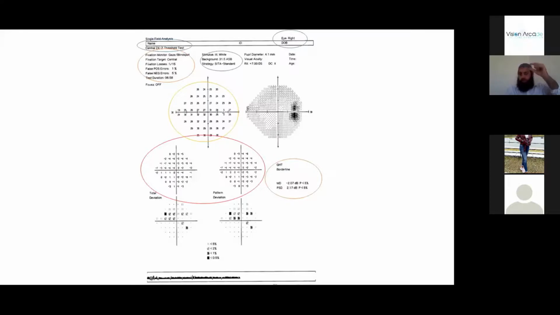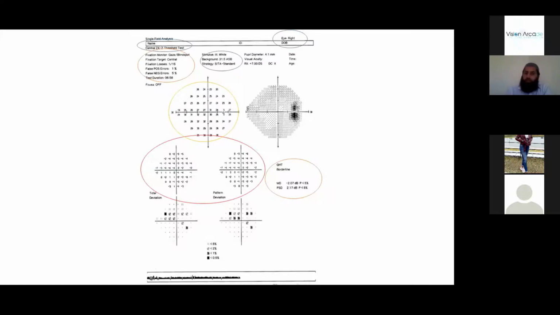So if it is checking the top of the field, it checks the same spot at the bottom and makes sure that both sensitivities are similar. If they are different, that means there is some problem. And this glaucoma hemifield test is quite a good tool, quite a good indication for finding any early pathologies, especially the arcuate defects.